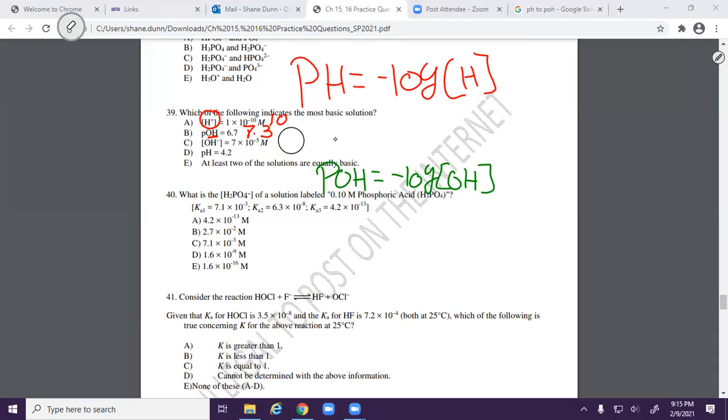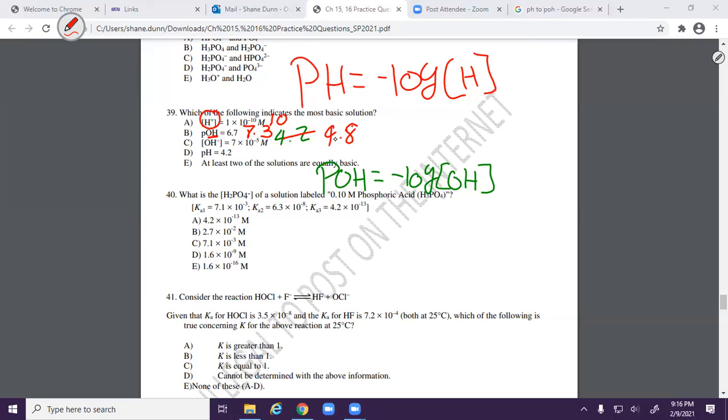That's what the unit was decided to be. Okay. So what's 14 minus 4.2? 9.8. So that'd be 9.8. Good.